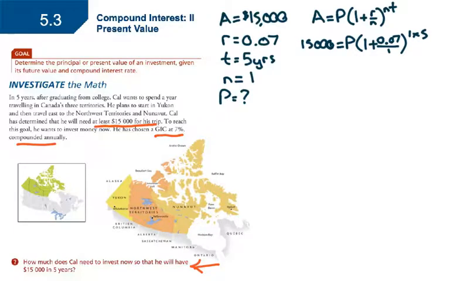Much of the process remains the same. We do have this bracket that we need to simplify. So now we have 15,000 equals P times (1 plus 0.07 divided by 1, which is 0.07). And in the exponent, 1 times 5 is 5.